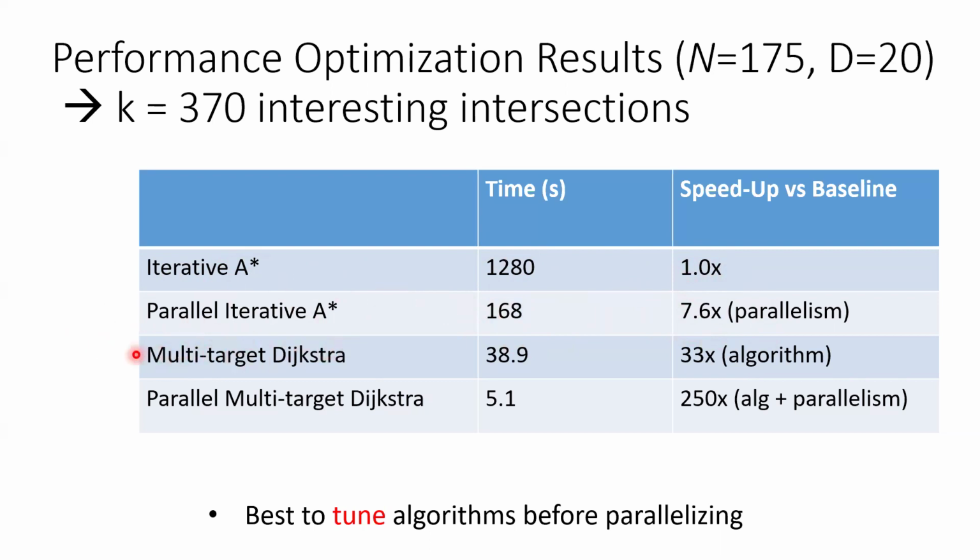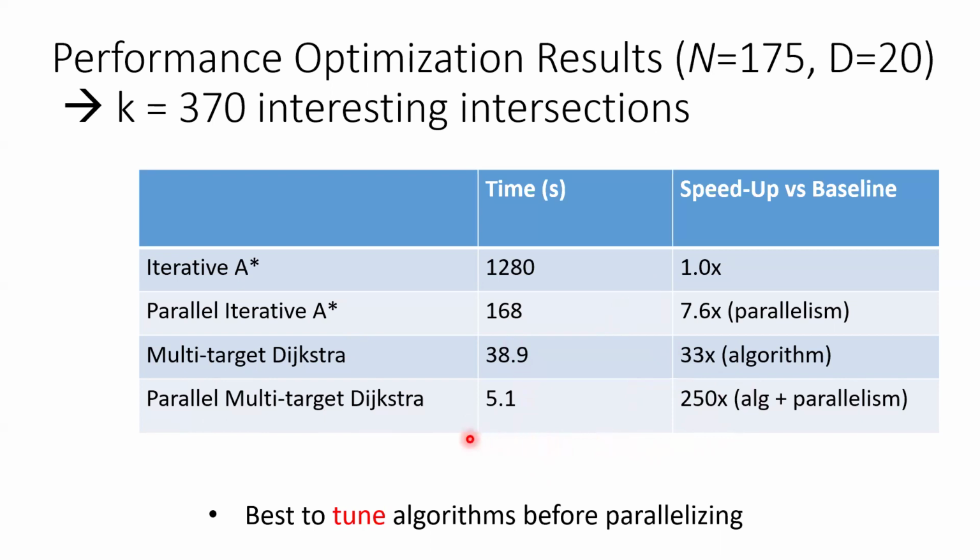And then we use the multi-target Dijkstra, and we can see that it's already a 33x speed up compared to the baseline without parallelizing. Adding on parallelization means that it's multiplied by another 8 times, making it 250x.